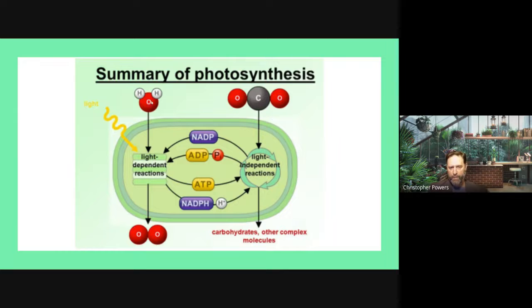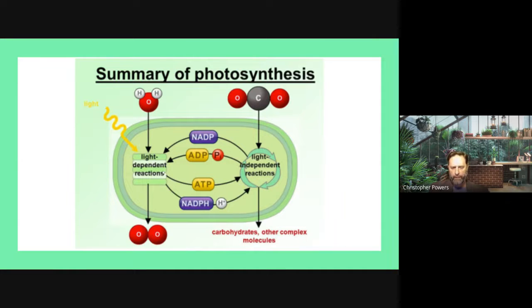You have H2O being taken in, and then we break off the hydrogens that become ions to be used in different parts of the light dependent reaction to yield oxygen. That's the waste product of photosynthesis, which the chloroplast doesn't need for these reactions and gets rid of. So yeah, you're breathing in plant waste.